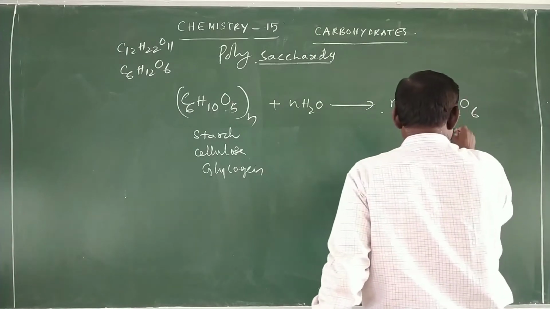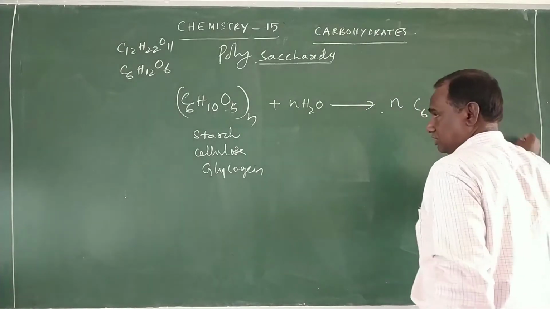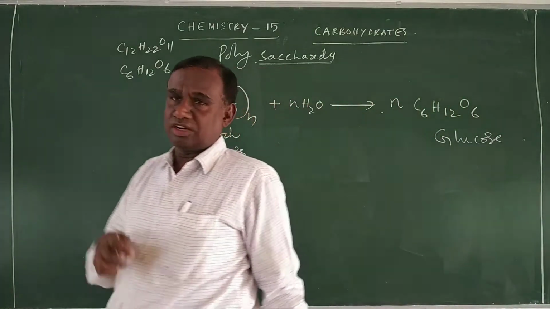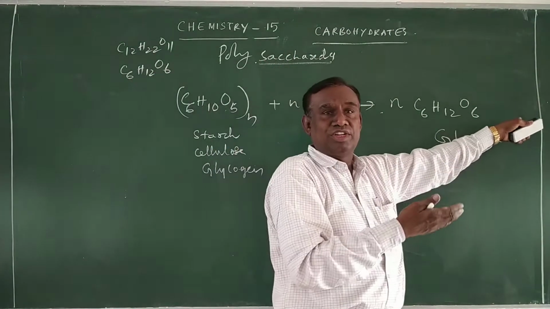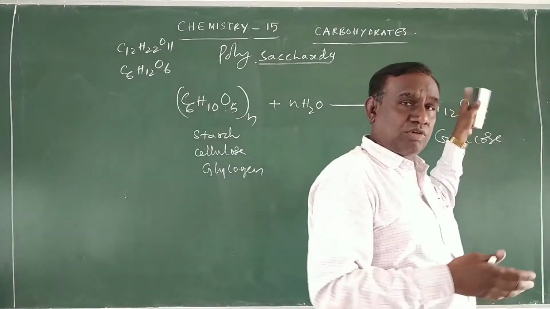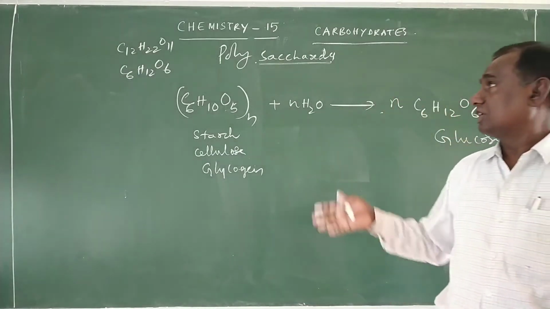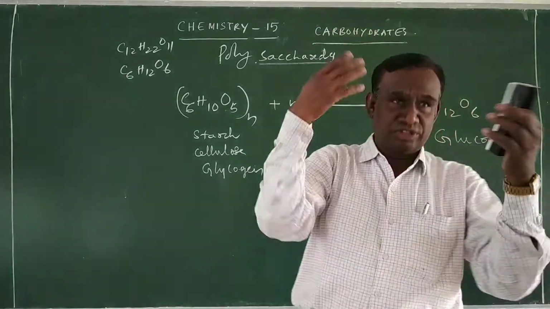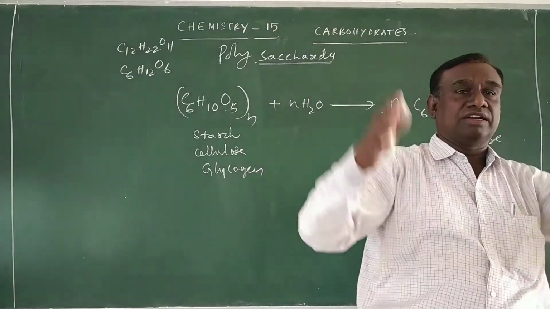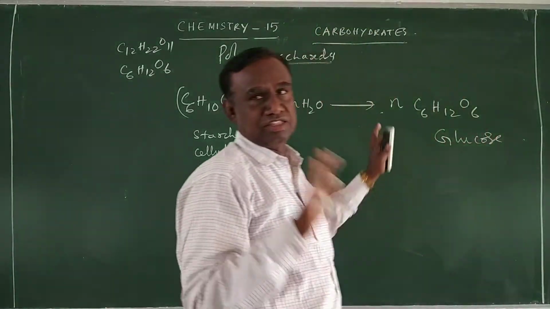It is nothing but glucose molecules. When subjected to hydrolysis, you will be getting a large number of glucose units. Therefore we come to the conclusion that polysaccharides are nothing but the carbohydrates which on hydrolysis give a large number of monosaccharide units.